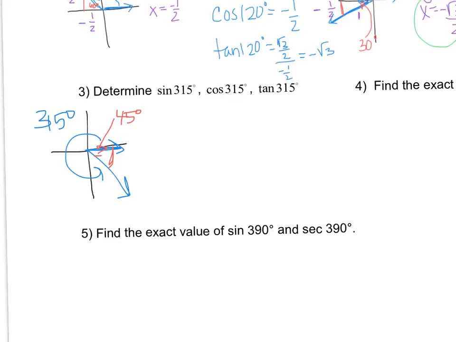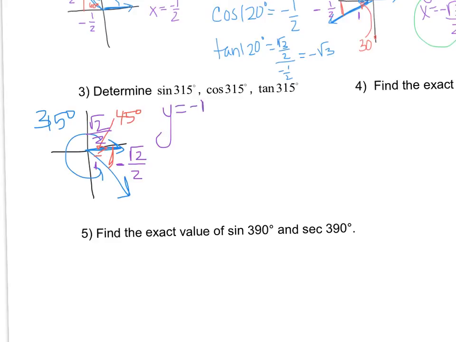All right, so when you drew in 315 degrees, you should have landed in quadrant 4 and created a 45-degree reference angle. So when we have 45 degrees, remember that both legs are root 2 over 2. But because we are in quadrant 4, the y value is negative.